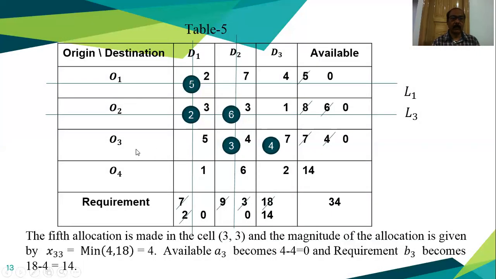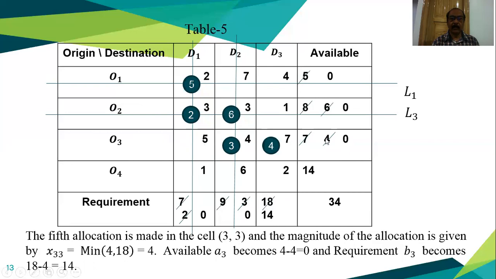Now in the third row, that means origin 3, we move towards the right, that is cell 3-3. In cell 3-3, our demand is 18 units and our available is 4. So the minimum of 4 and 18 is 4, so we can allocate 4 here.